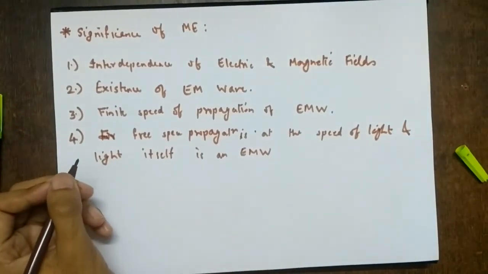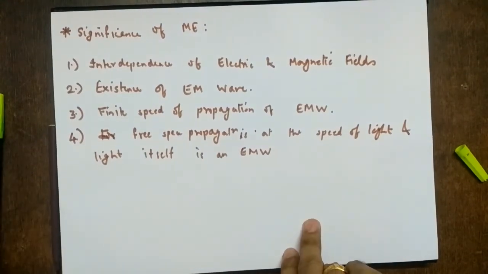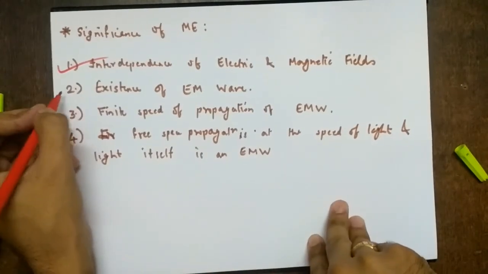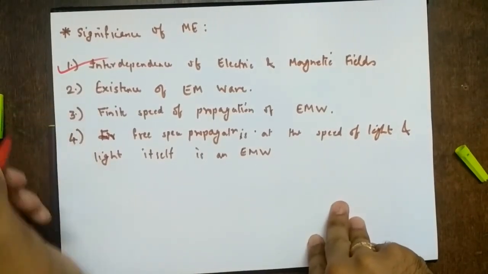So these are the four takeaways from Maxwell's equations. From this, what we have proved, we have already proved this one, so let's put a tick mark there. So in due course of the lectures, I'll prove the point number 2, 3 and 4 as well.